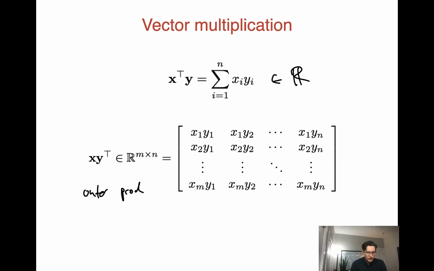It's a matrix where the components are equal to the product of each of the elements of x and y respectively. So the top left is x1 y1, x1 y2, dot dot dot, all the way up to x1 yn. Second row is x2 y1, and so on.